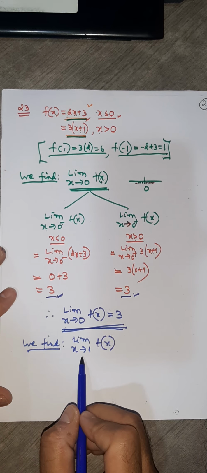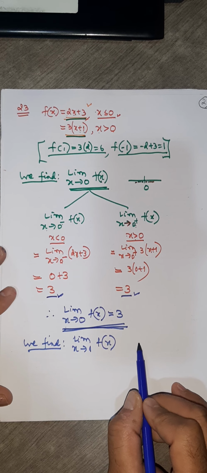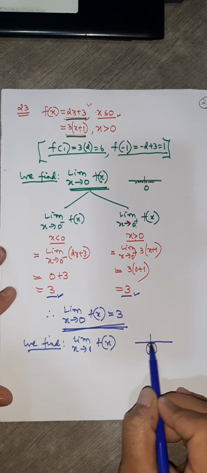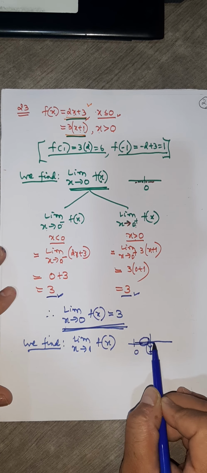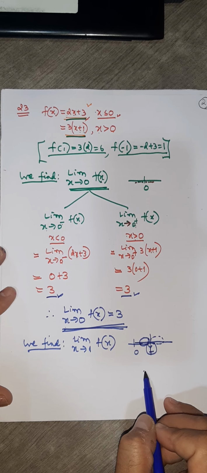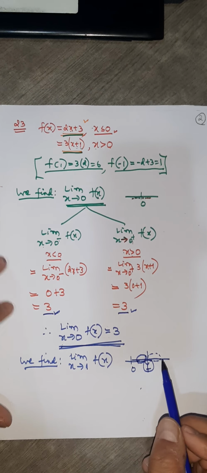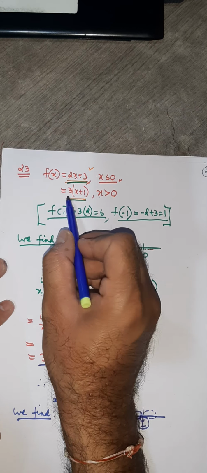Now here you are asked to find the limit as x tends to 1. Same question with a different limit, remember. 1 is here, for example, and 0 is here. Now whether it is from the left side close to 1 or the right side close to 1, it will always be more than 0. So here you will not be having left and right hand side limits. You will only have just this function.